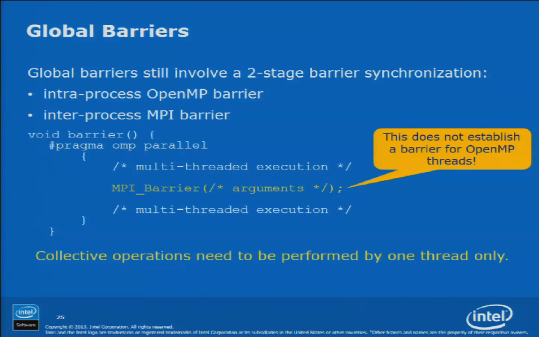Still we got the same problem. When we do an MPI barrier, we need to protect it with a critical or a master construct, because it's no good idea to have multiple threads calling into an MPI barrier. This will break semantics. This will not work. Yep, sure it works with critical.